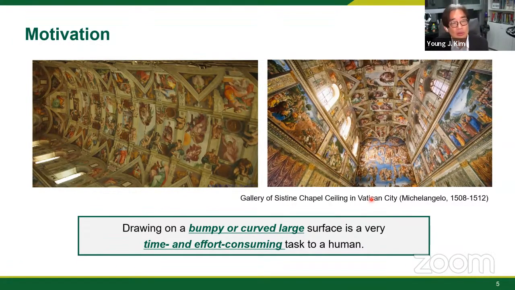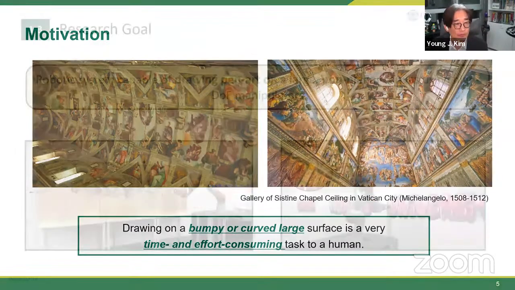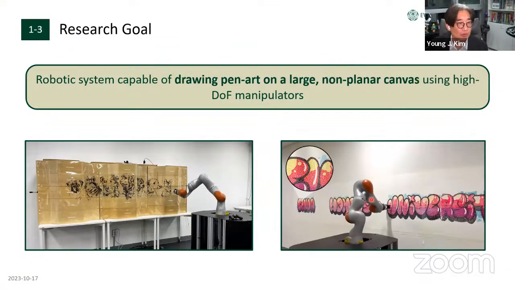So the research challenge for us was how to use a robot to create this kind of artistic drawing on a really large, non-flat canvas. This was our research goal.